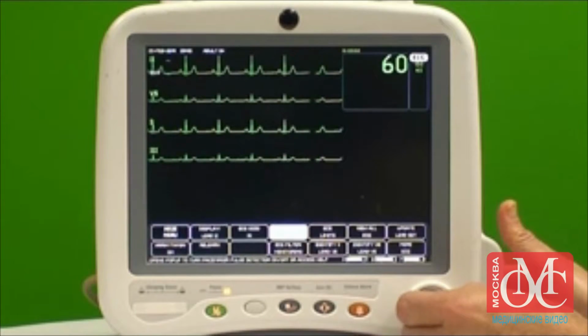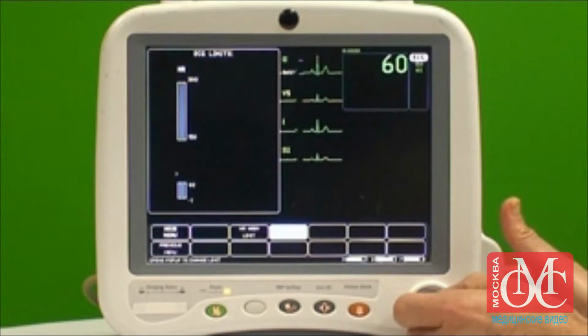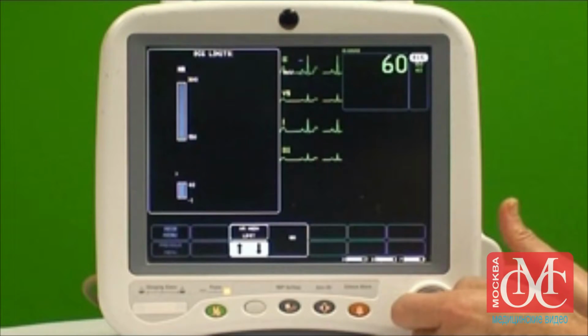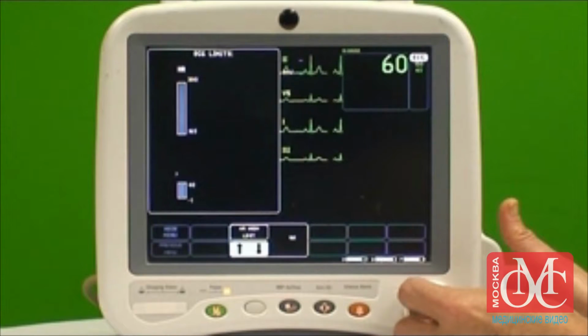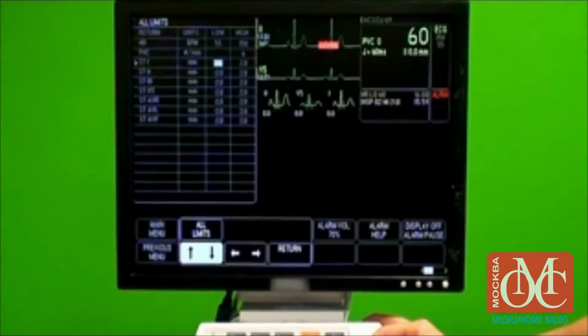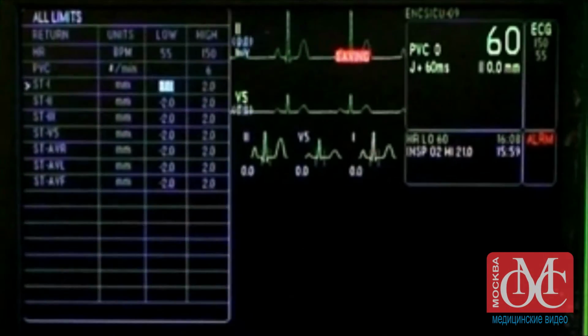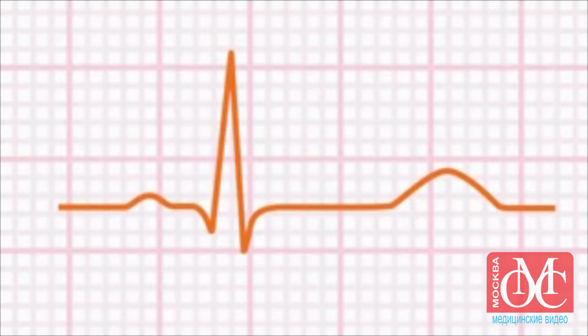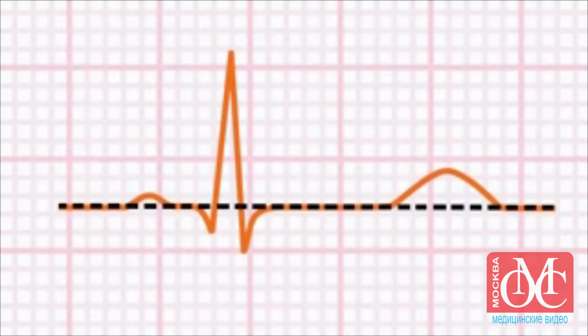Next, adjust the ECG setup. Confirm that specific alarms are enabled as appropriate. Selection of the appropriate settings for the alarms on the monitor depends on the patient and the clinical circumstances. ST segment alarms should be set at 1 or 2 millimeters from the patient's baseline, rather than the isoelectric line, to avoid any false ST alarms.